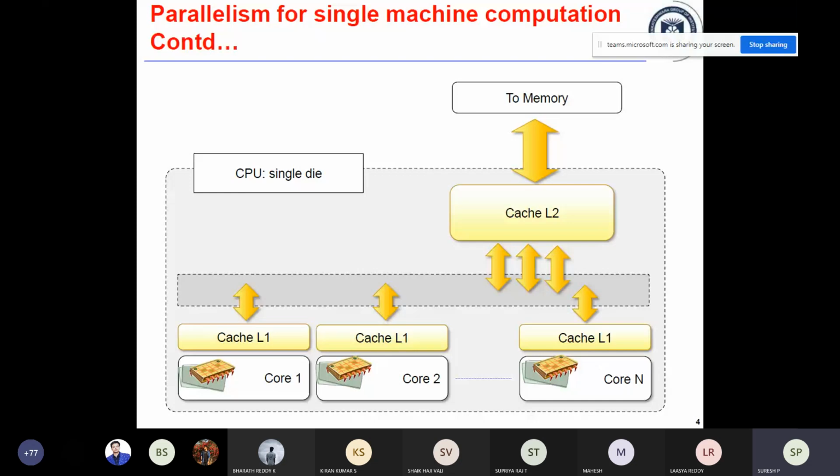If you look at the architecture of the computer, you can see from the figure that each individual processing unit, core 1, has the cache L1.